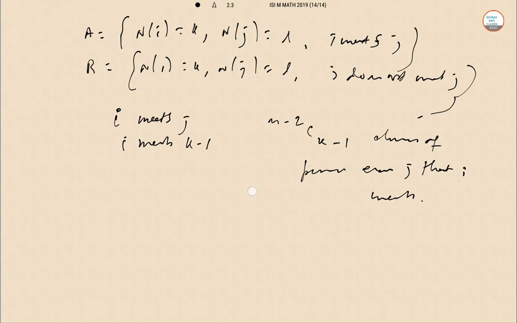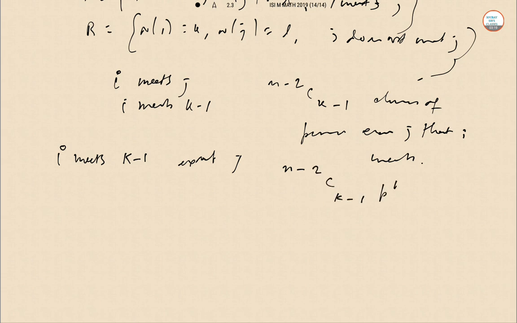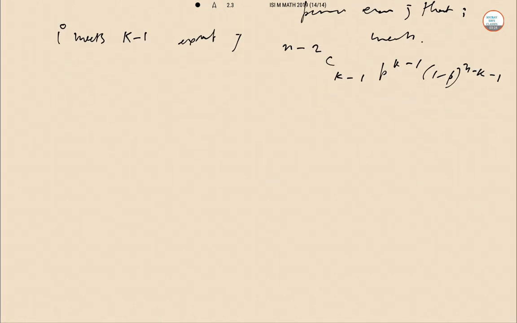So the probability that i meets k minus 1 persons except j is C(n-2, k-1) p^(k-1) (1-p)^(n-k-1). Further, j meets l minus 1 persons except i, from n minus 2 possible persons.